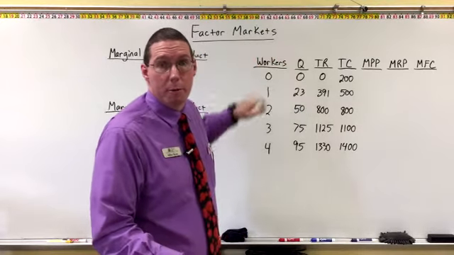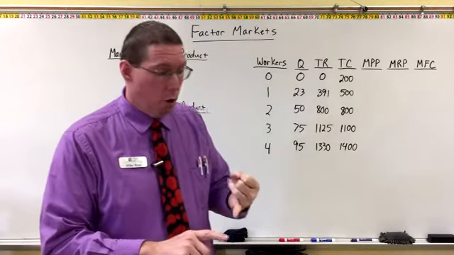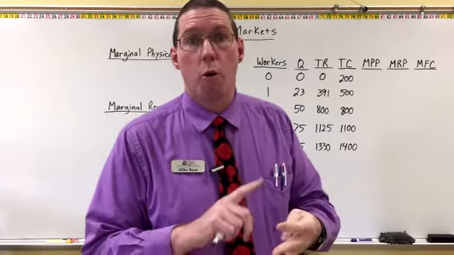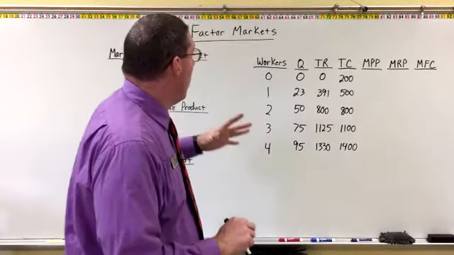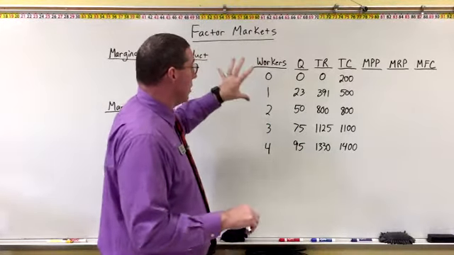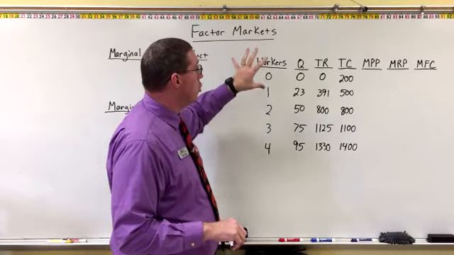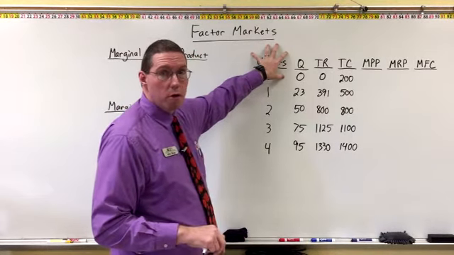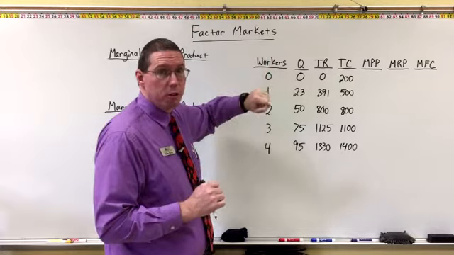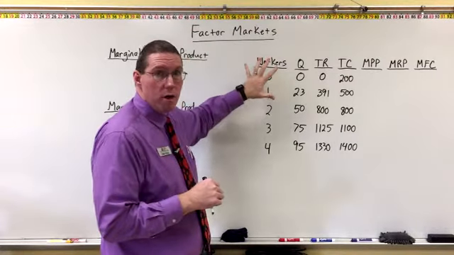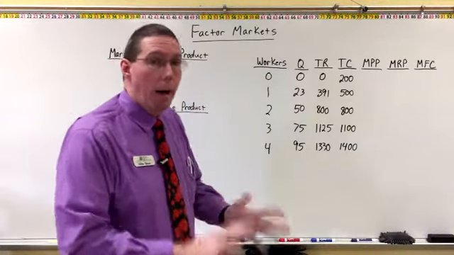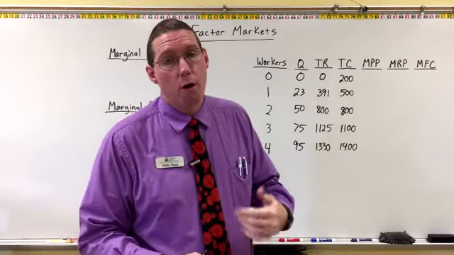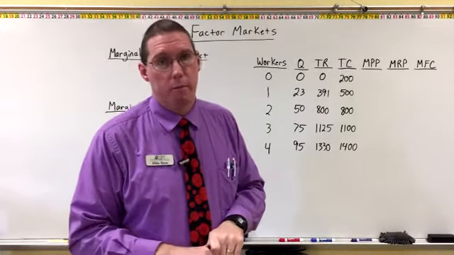You could also put capital here. You could put drills or saws or trucks or robots. So what I'm about to explain to you is not unique to only workers. You can put any factor of production. But the reason I'm using workers is because it's a very popular one to use, and also because we're mostly going to be talking about the labor market.